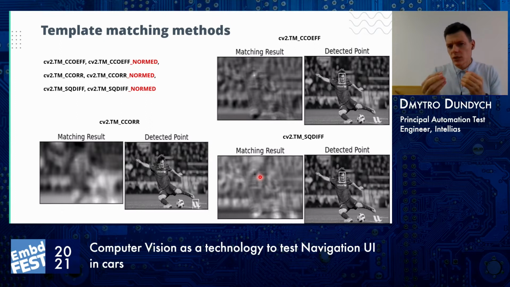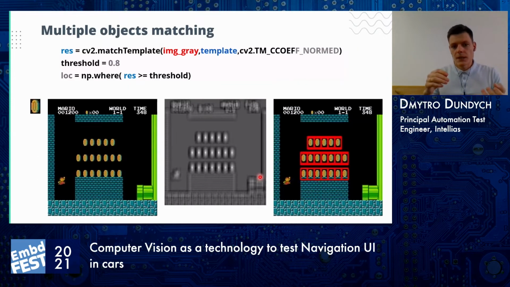So here we can choose our threshold and see, for example, if our button has 80% or 70%, we can choose that threshold and select the points that are bigger than our threshold.